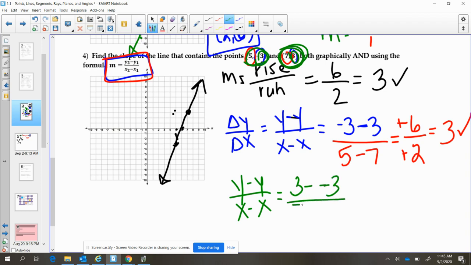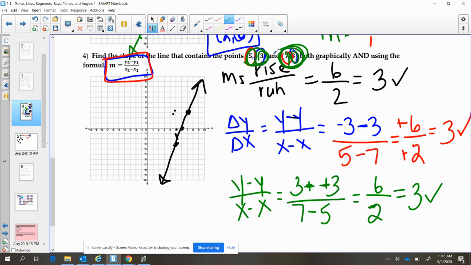And then we have 7 minus 5. Well, a negative minus a negative is actually addition. And then 7 minus 5 is 2. And so again, we got 3. Either way we did it, it simplified to be that same value.